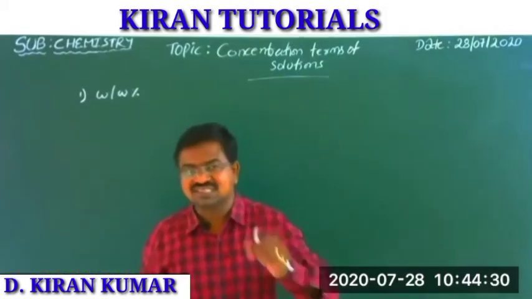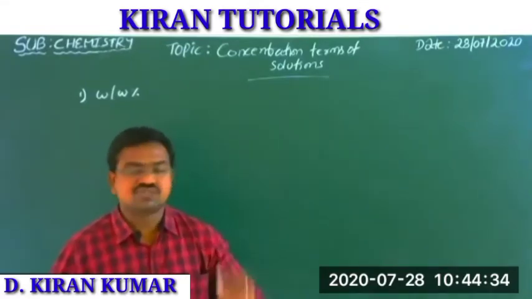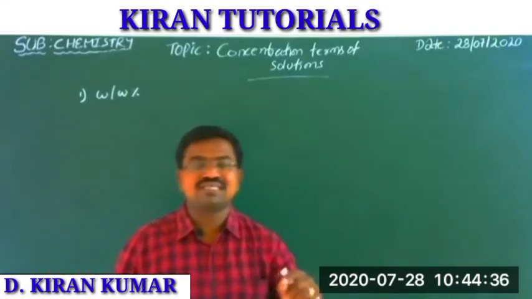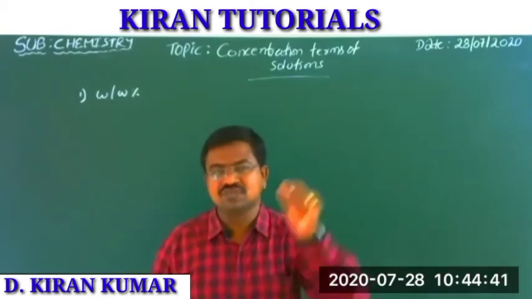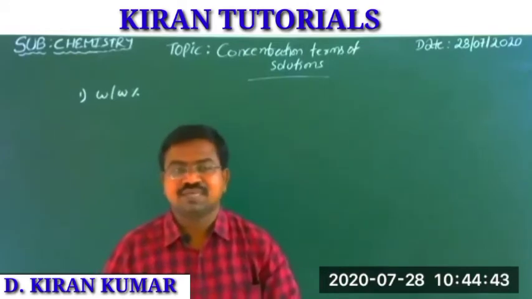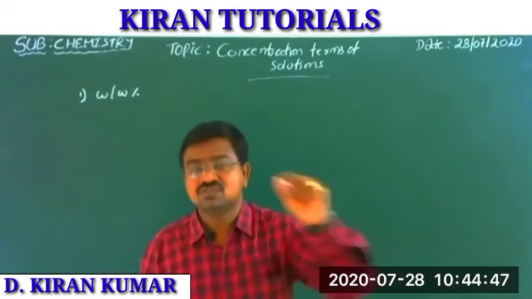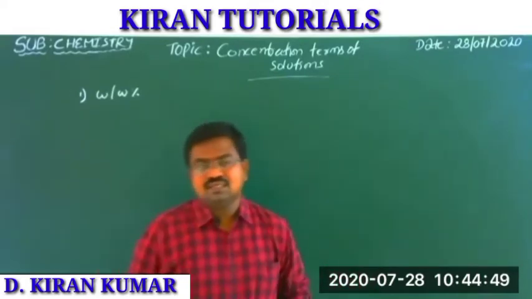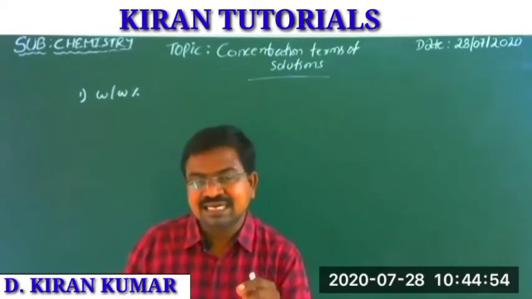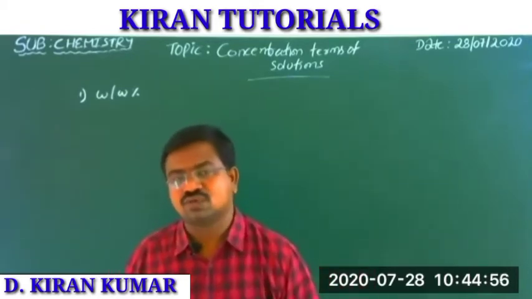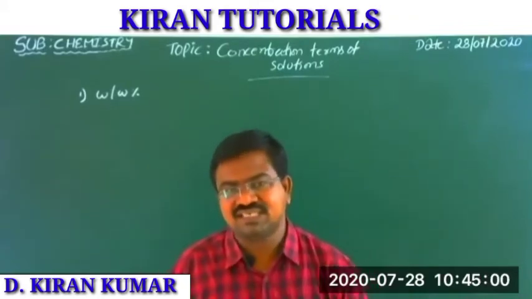The solute and solvent are present in solid state. The amount of solute in grams present in 100 grams of solution is called weight by weight percent. Then how can you calculate the percentage?